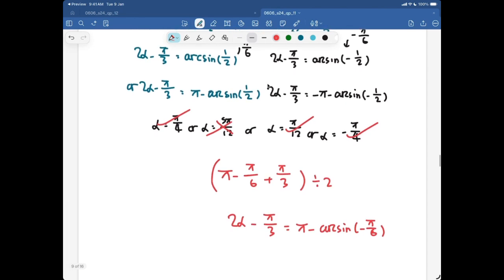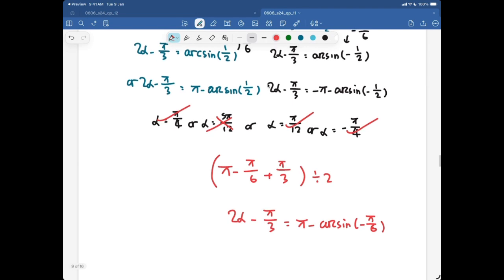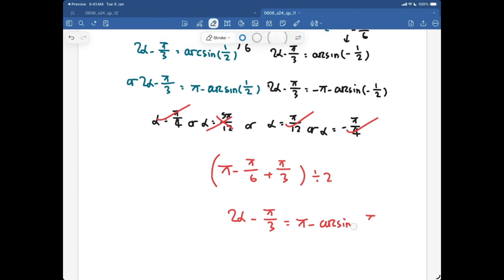Because that would give you a value of more than pi over 2. Negative 2 pi? Perhaps? You do negative 2 pi minus the plus arc sine negative pi over 6.